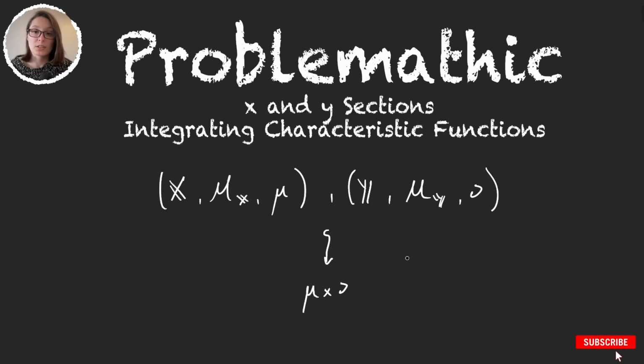Now this is a measure in the product space X times Y with the product sigma algebra, which is M_X product with a circle M_Y. So if you don't remember these definitions, I do recommend you go back and check out the previous videos.